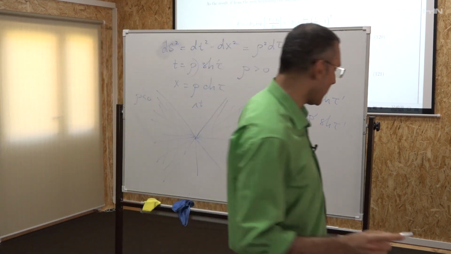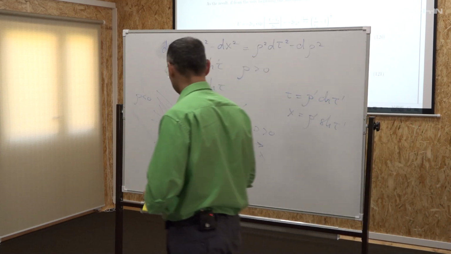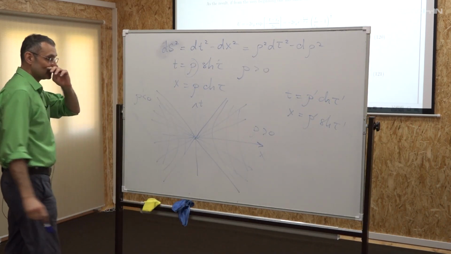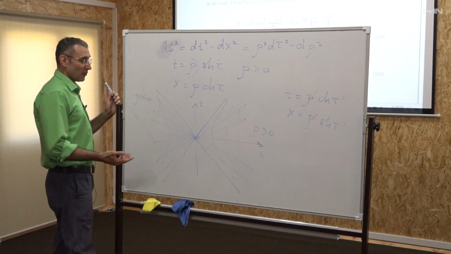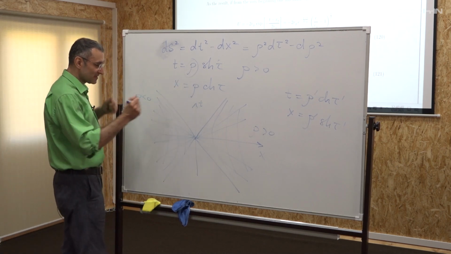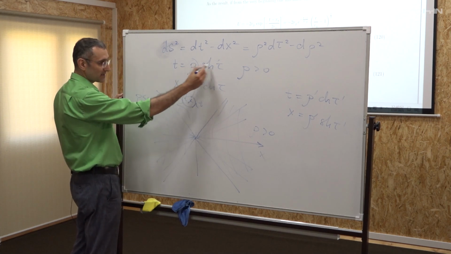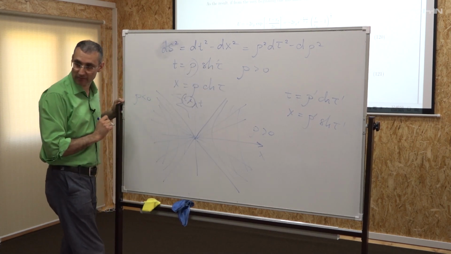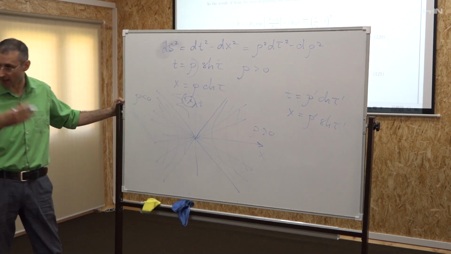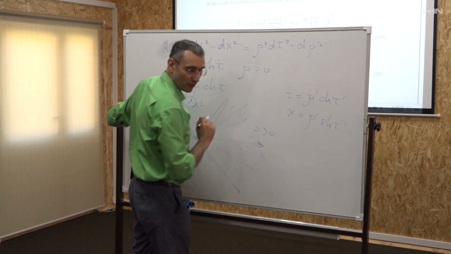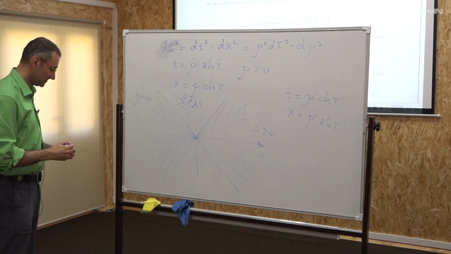Somewhat similar happens here in the black hole case. If I, for example, consider this region, I have some t and x here, but they will not be expressed through rho and tau. They will be expressed through other coordinates, rho prime and tau prime. I'm just stressing this point here.